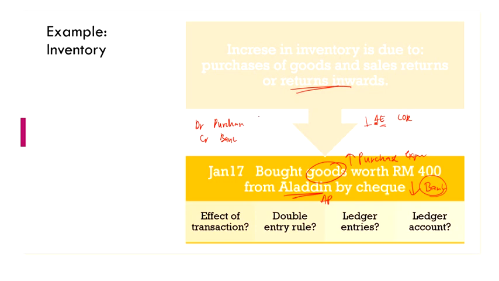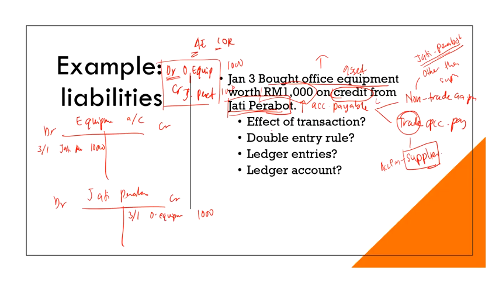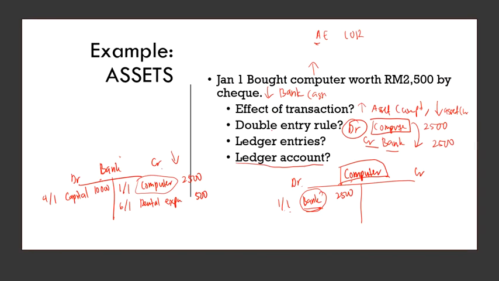How much is 400? So bank kita buka tadi. So kita boleh letak lagi. Credit bank 400, 17 January. Purchase 400. Okay.